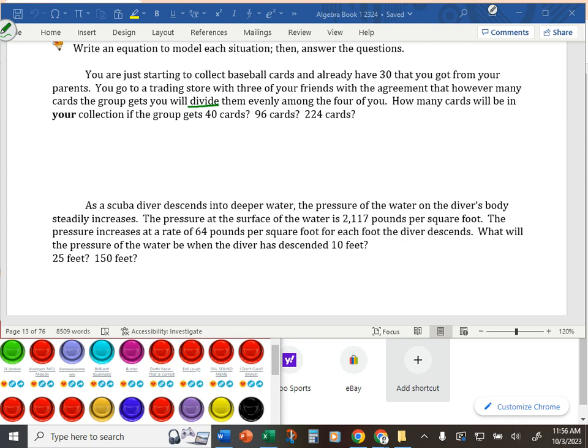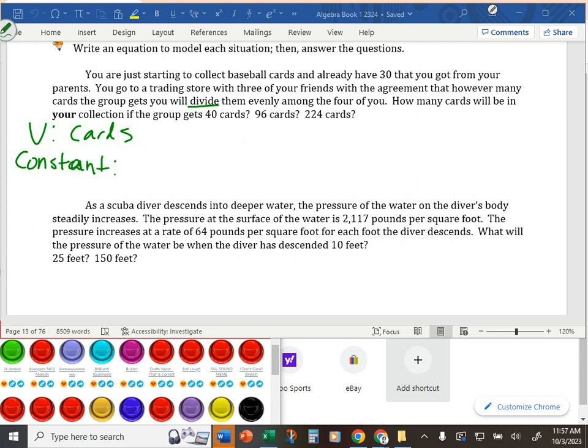Okay. Hey, look, I'm going to get you started here, okay? First of all, what is your variable? What are you solving for? What's being tested? The number of cards in your collection. Okay, so if you want to use C for cards, great, or just N to keep it consistent, fine also. Okay, and I'm going to start with the constant next because the coefficient in this one is actually potentially kind of tricky.